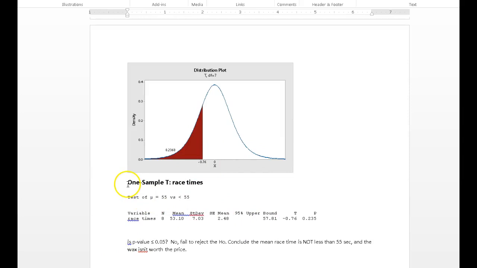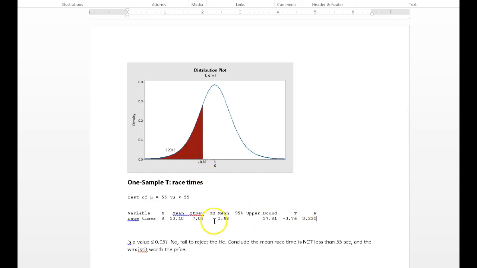Now, I've already run the test in Minitab, and I'm going to show you how to do that here now. I have told Minitab I want to use the one sample t. Here's the hypothesized mean, and I wanted to know, was it less than 55? It cranks out my test statistic, which is right here, and gives me a p-value, which is not exactly the same as what I got in that plot, but Minitab's rounding to 3 places after the decimal here, so I'm not quite sure what's going on there.